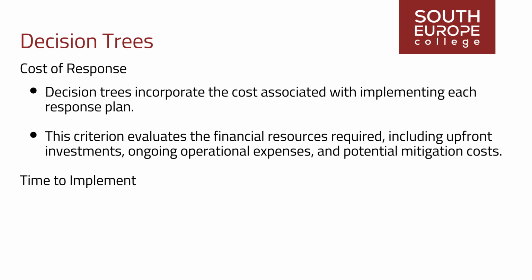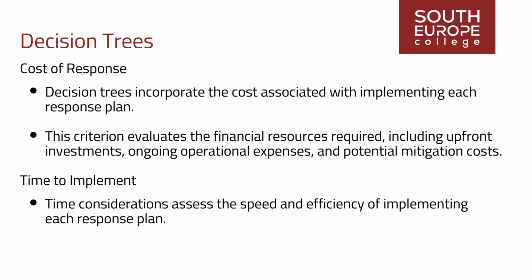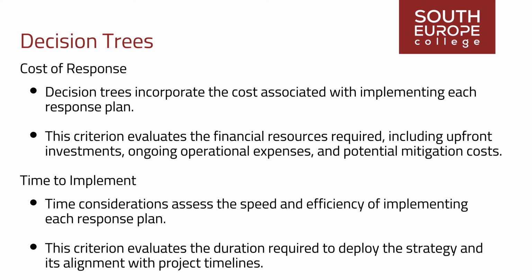Time to implement. Time considerations assess the speed and efficiency of implementing each response plan. This criterion evaluates the duration required to deploy the strategy and its alignment with project timelines. Response plans that can be implemented swiftly without adversely affecting project schedules are prioritized.